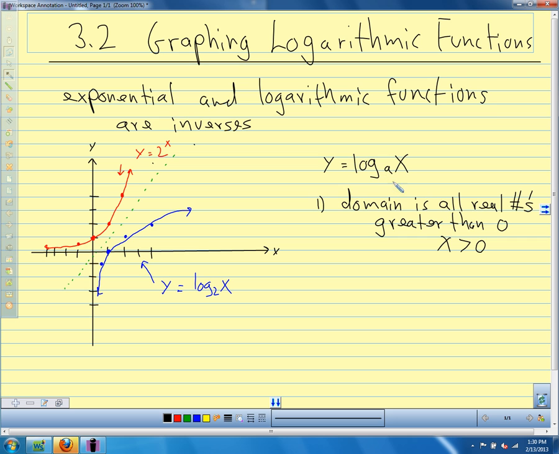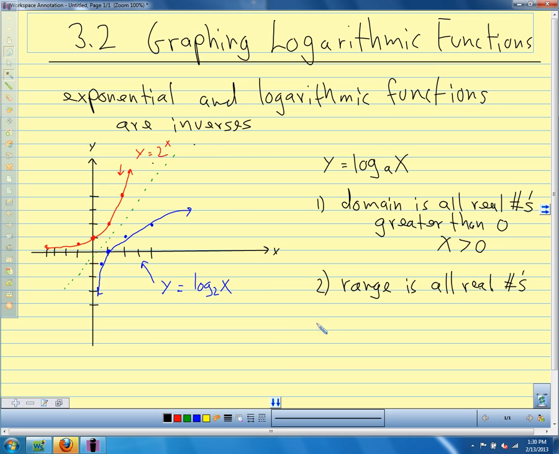So I can't plug a negative number into a logarithmic function. Our second property is that the range is all real numbers. So the y values are going to go from negative infinity down here. It's going to keep going up and up and up to positive infinity. So our range is all real numbers.